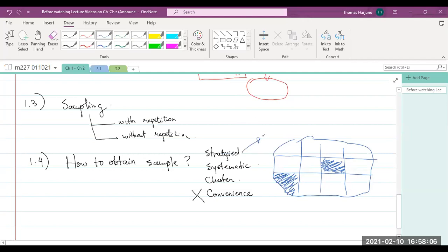Stratified means you get some from all classes. Let's say you have 50 states, and you want to sample people's income from the whole United States.